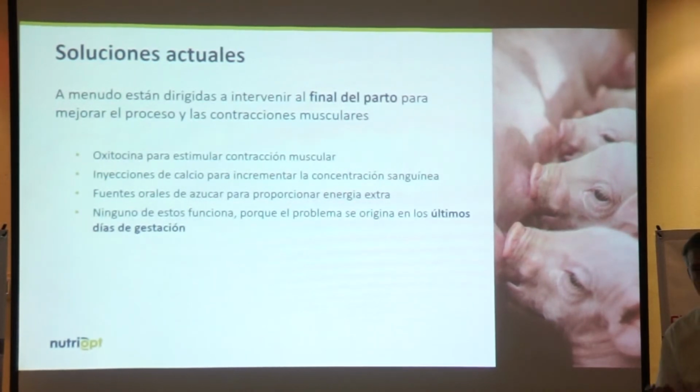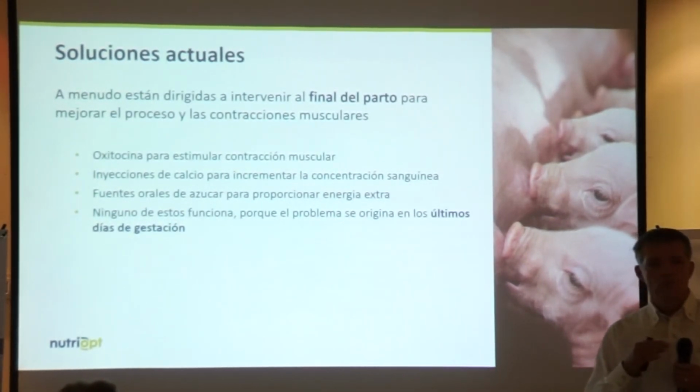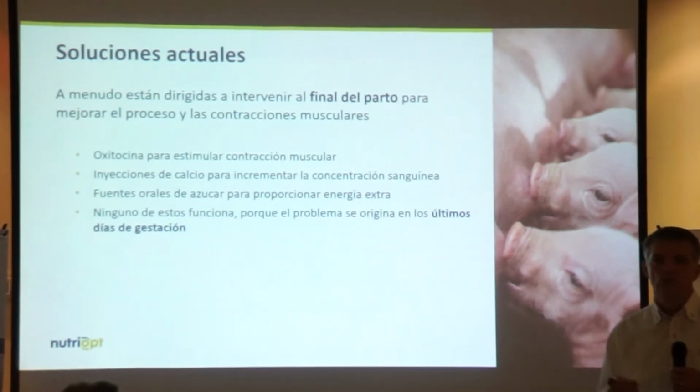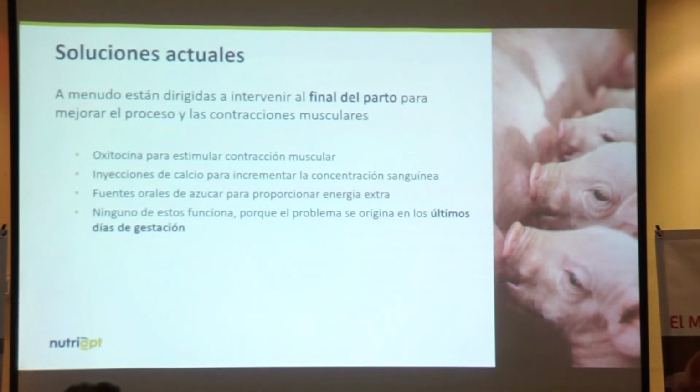But I have to say that none of these solutions give, let's say, good results because they are only looking at the symptoms and not the cause of the problem. Because we think that the cause of the problem is already some days before the farrowing process. And you should start with the solution and give the sows the solution to work on the cause.